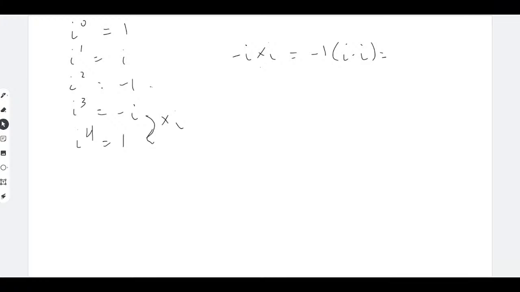So then we just have -1 times -1, that's equal to 1. So -i times i is equal to 1. So from i cubed to i to the fourth, we get 1, and that's also what we got before.